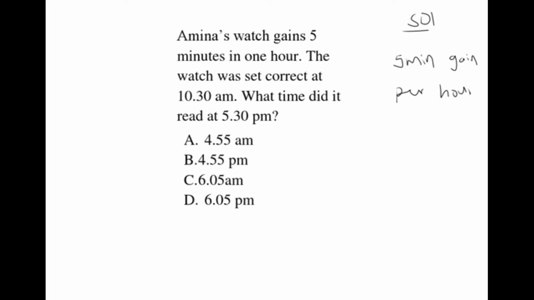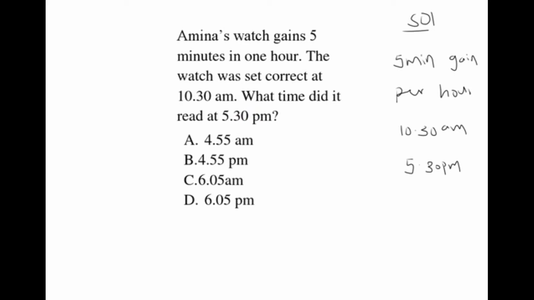Then let us come back to the question. We are told that the watch was set correct at 10:30 a.m. Then we are asked, what time will it read at 5:30 p.m.? First, let us get to know the number of hours between 10:30 a.m. and 5:30 p.m. We can proceed as follows.